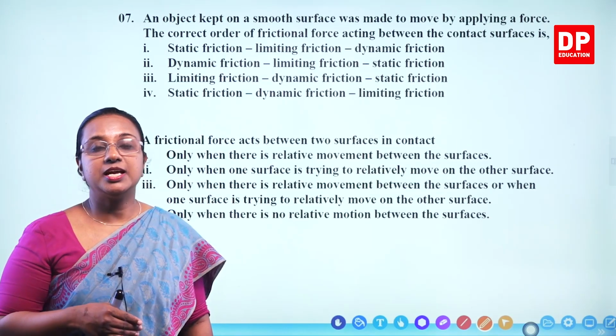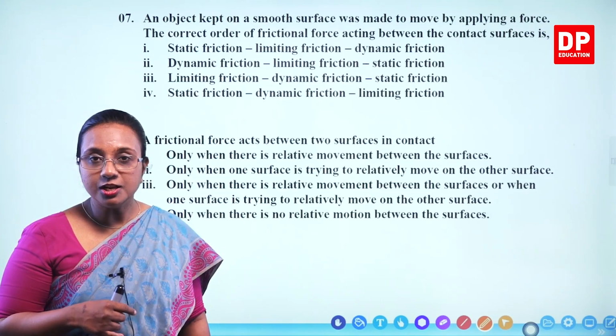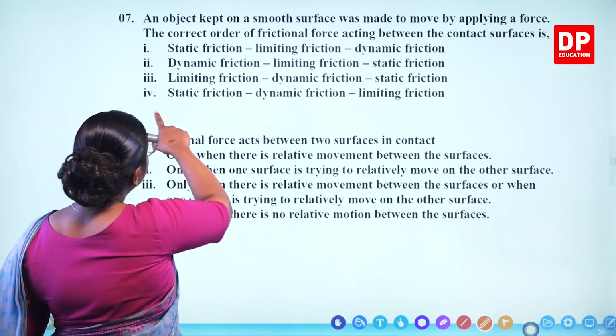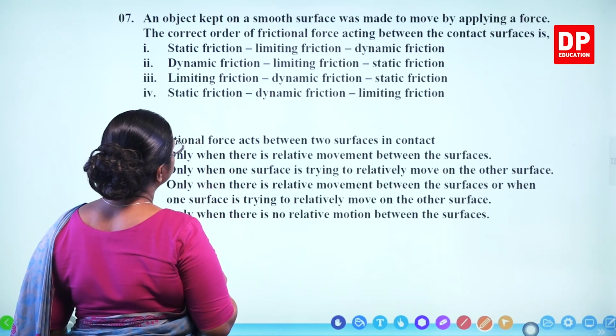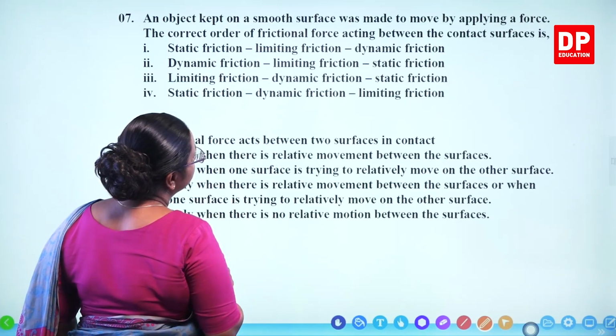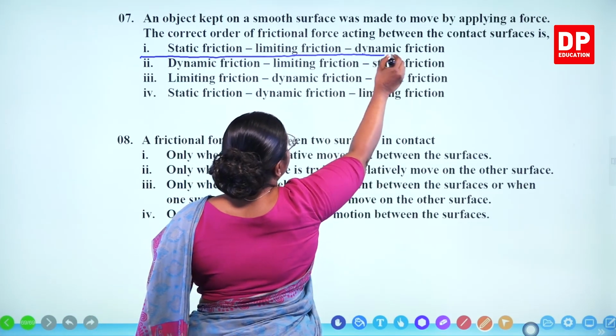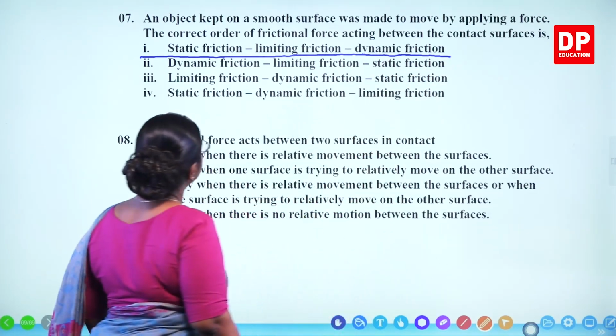And when the object is moving, it is the dynamic frictional force. So, if we look at the different combinations, the first one is static friction, limiting friction and dynamic friction. That is the correct answer.